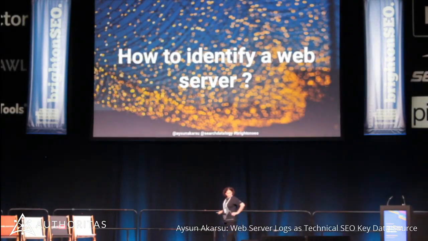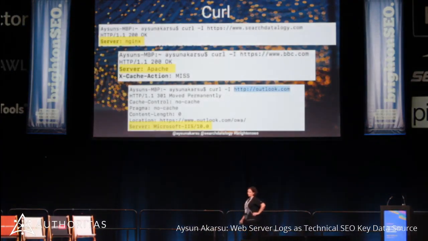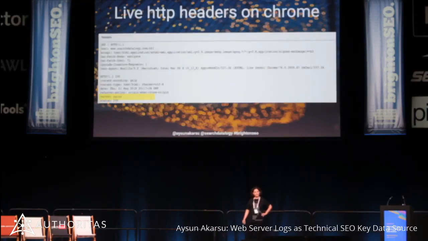I think it is important to identify a web server before collecting and analyzing logs. And there are some simple ways to do this. You can simply curl on a command line, but sometimes the server information may be hidden. With Live HTTP Headers on Chrome, the same.